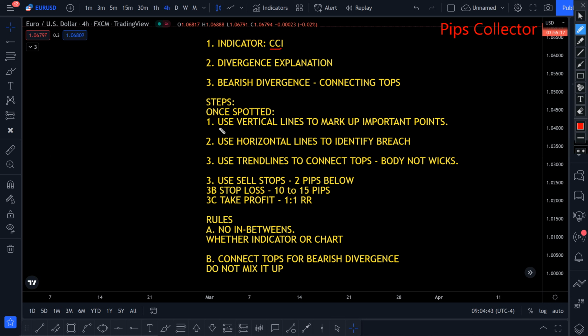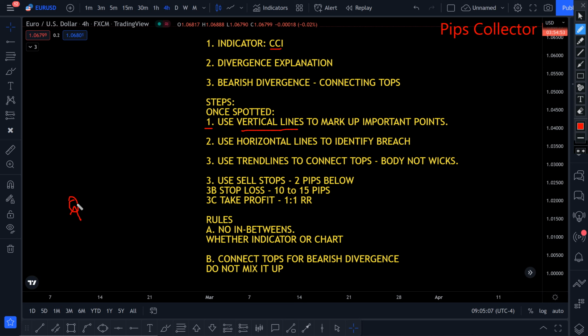Step 1: you use vertical lines to mark up important points. Let's say on the chart we have a point, but you cannot really know if the point you're seeing on the chart is important. It is the indicator that will let you know if the point on the chart is important, because of the peak.